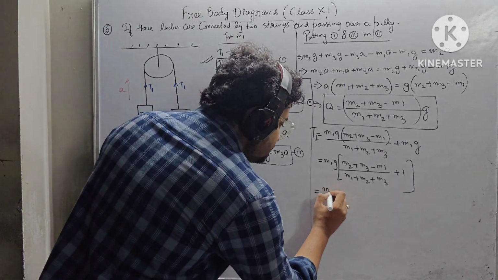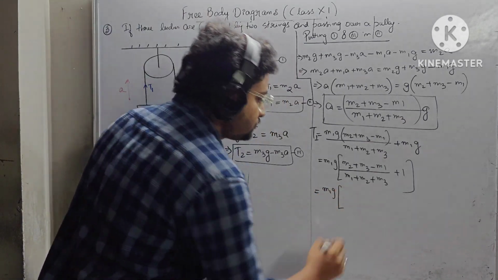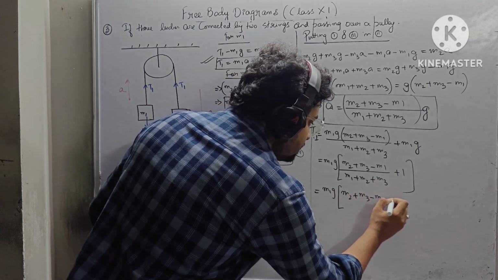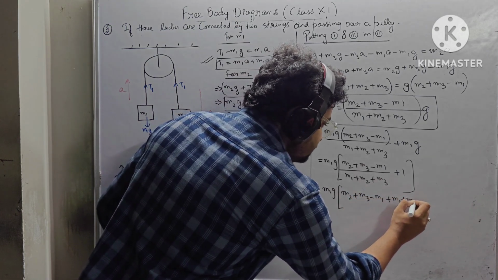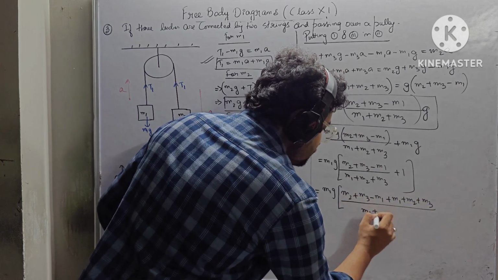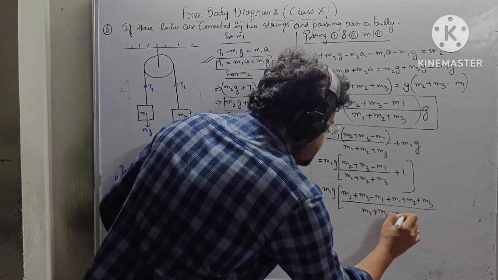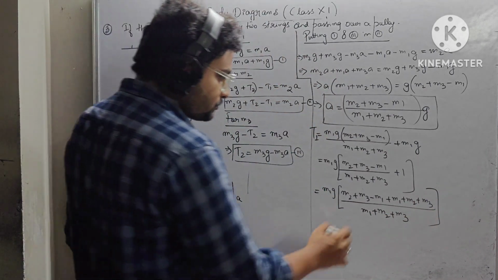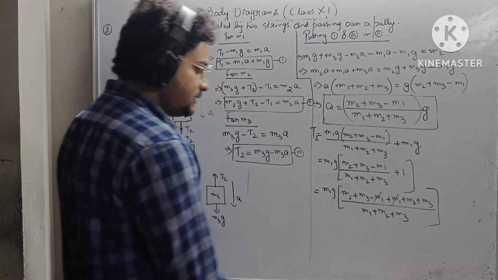So I will get M1G into M2 plus M3 minus M1 plus M1 plus M2 plus M3 divided by M1 plus M2 plus M3. Let us see what things are getting cancelled. M1 and M1 will be cancelled.